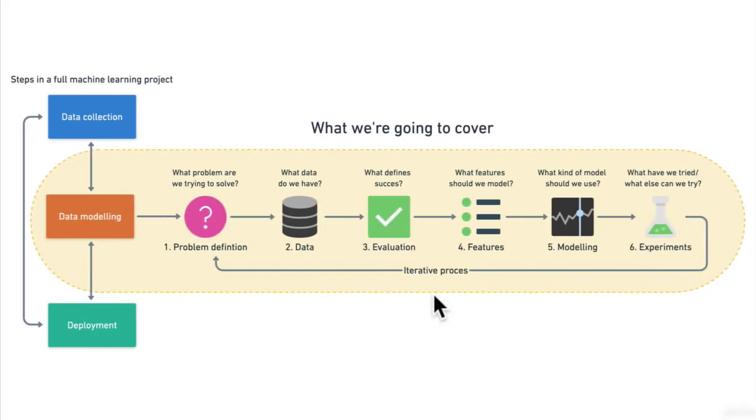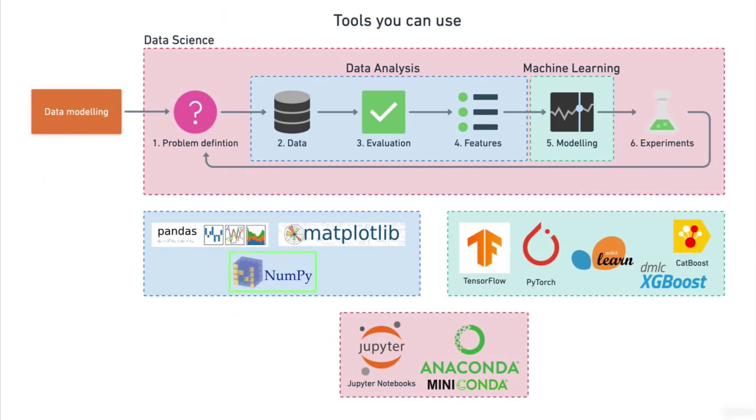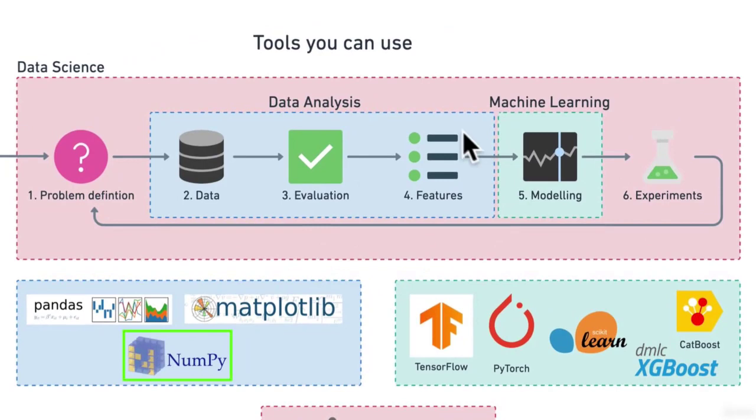So if we refer back to our machine learning modeling framework, we've got step 1 is problem definition, step 2 is data, evaluation, features, modeling, and experiments. And then if we have a look at what tools we can use, in this section we're going to be focused on Numpy. Numpy comes into the data analysis section.